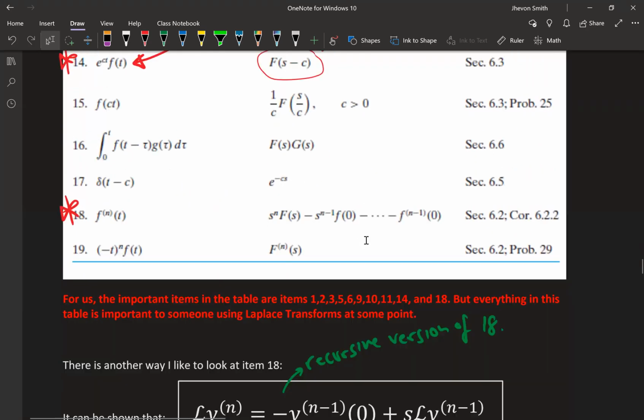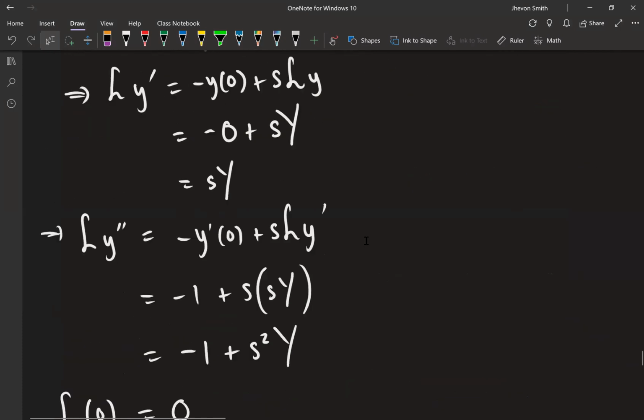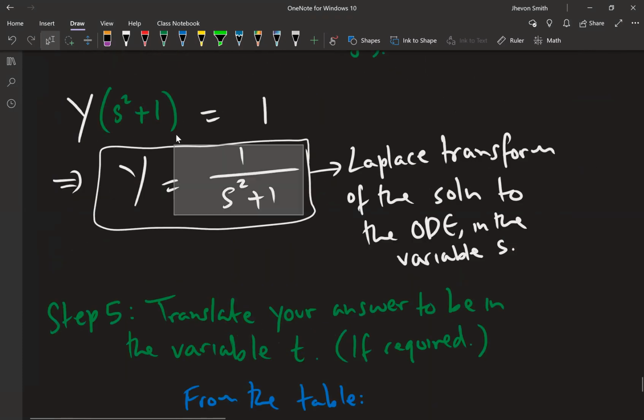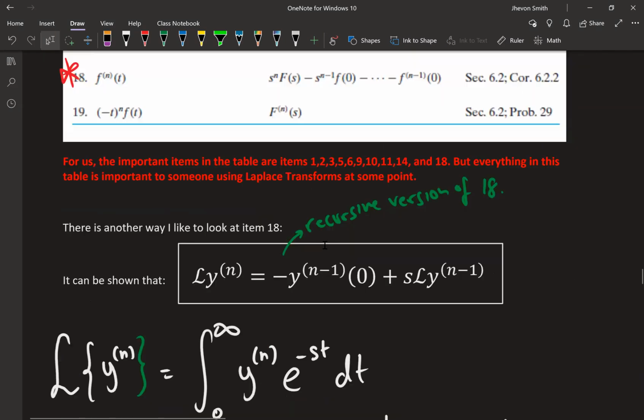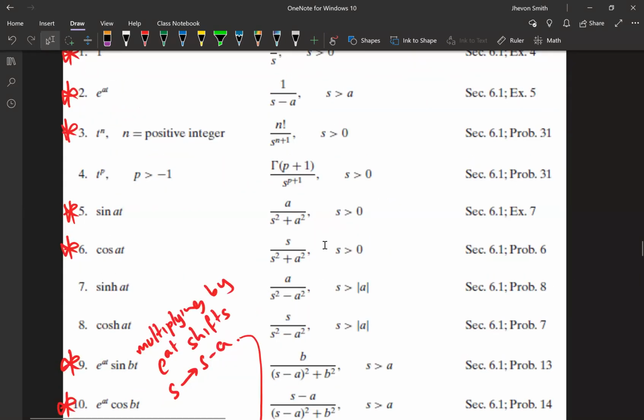You go to the table, and essentially what you're doing is you want to find something that looks like that. A constant over s squared plus a constant. And you'll notice that this guy looks like that. Rule number 5.